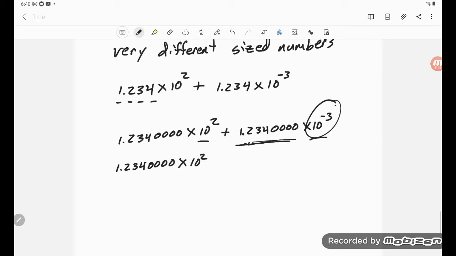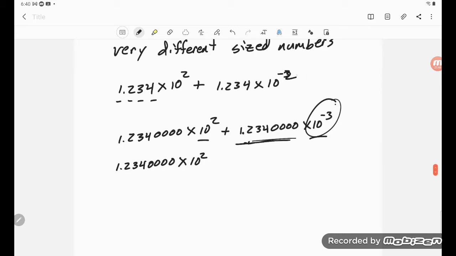And now I add to that, well, actually, let's just make it a little easier, 10 to the negative 2, so I don't have quite as many zeros. Now, to write this as times 10 squared, I have to move that decimal place 4 spots to the left.